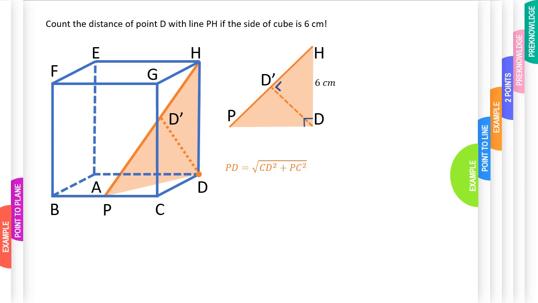To find PD, we have to find it from triangle PCD. Pay attention to the picture of the cube given. We use the Pythagoras theorem based on triangle PCD, which has a right angle at C. CD is the side, that's why it is 6 cm, and BC is half of the side, which has a value in centimeters.